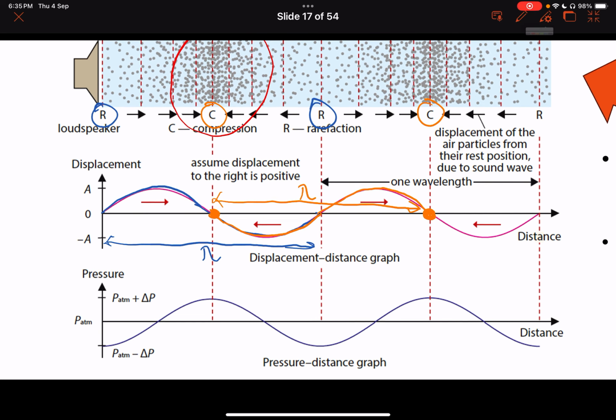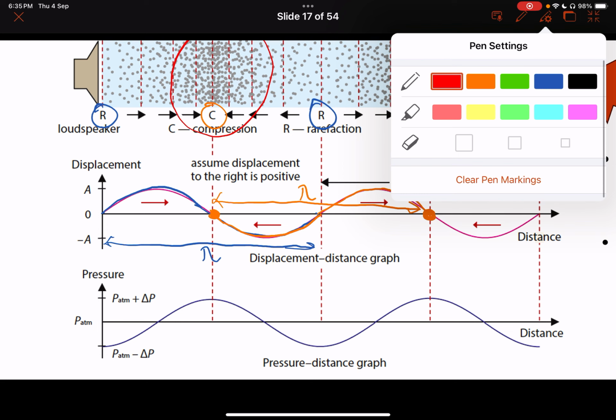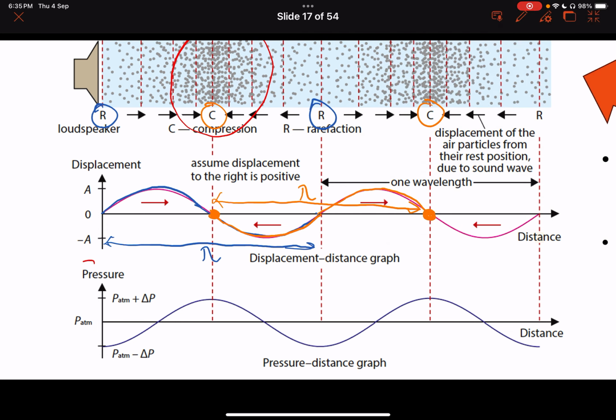So if I want to plot a graph of pressure versus distance, this compression would result in a maximum pressure in the region. Therefore, this is in a positive direction because there is a lot of pressure on it.